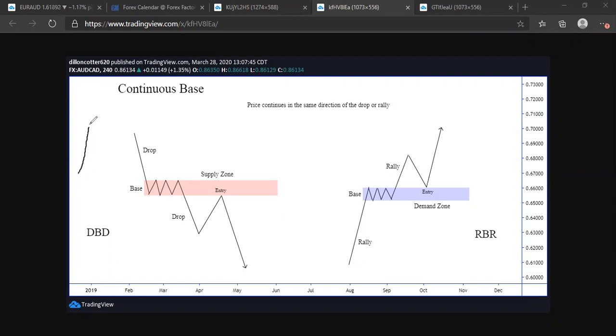So let's say we have that initial reversal right here, okay? And let's say we miss that, which is completely fine, because if we miss this entry, at least now we have a sense of which direction the market could possibly be going in, and that could be to continue to the downside.